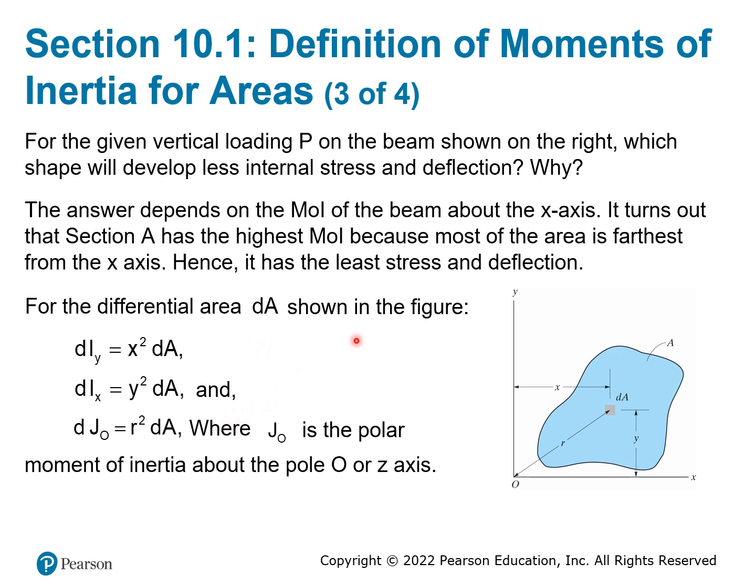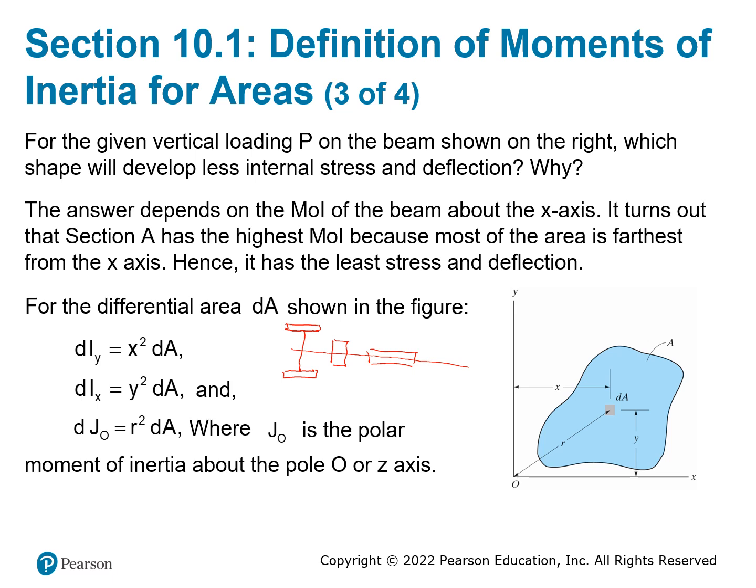This really means that, if you remember, let me just draw the shape of that. The first one is like an I shape, right? And the other one is going to be like this, and the third one is like a horizontal one. So most of the area for this I shape is actually away from the middle line here, which is the axis of rotation.